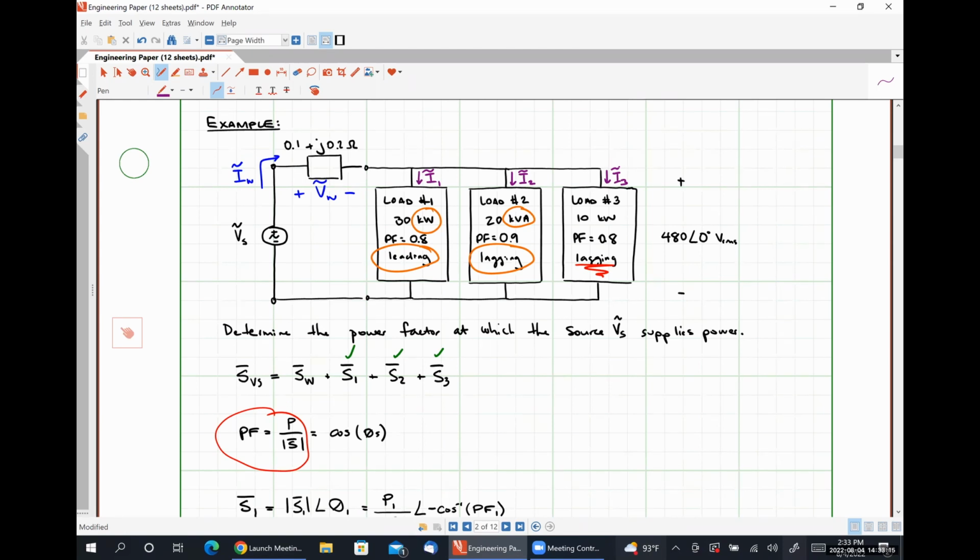So do we want to add the three loads together and solve for the current directly, or find the three individual currents and then add them together to solve for IW? Either way is going to give us the exact same result. We're just doing the combination first or the combination second. It's up to you guys.